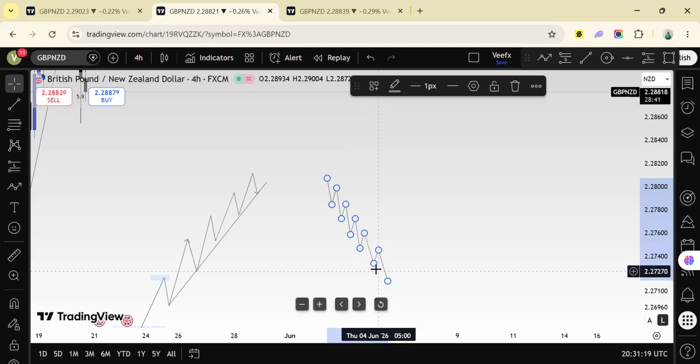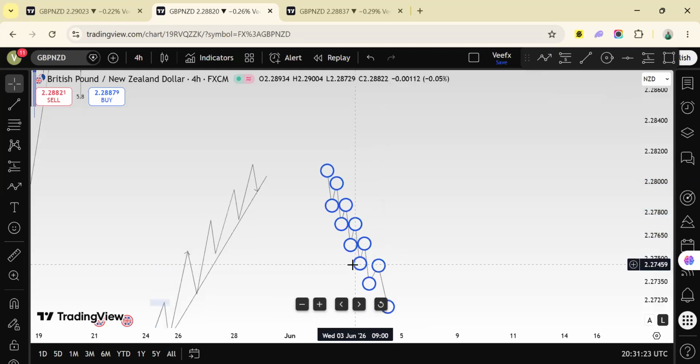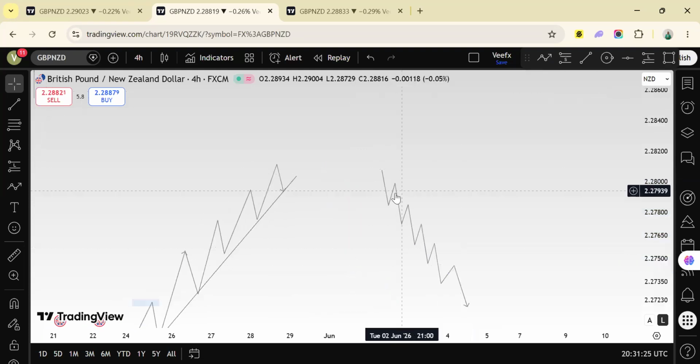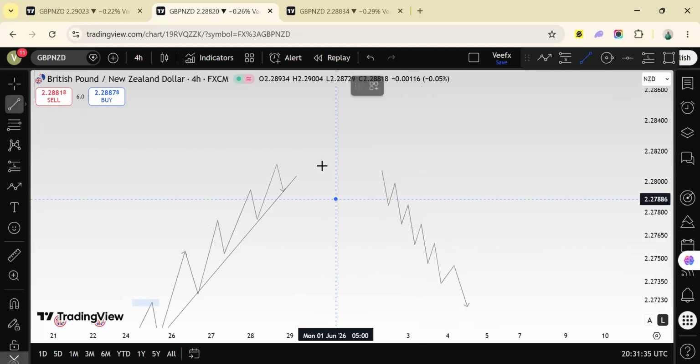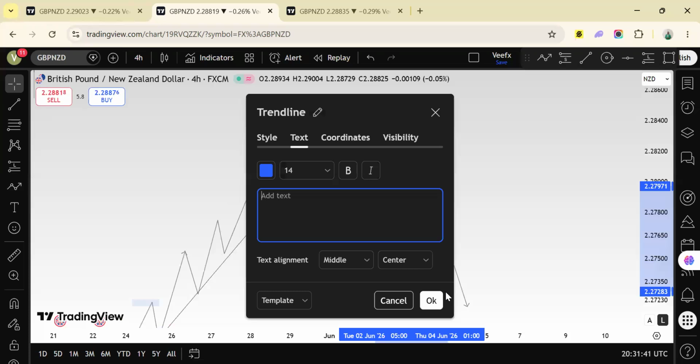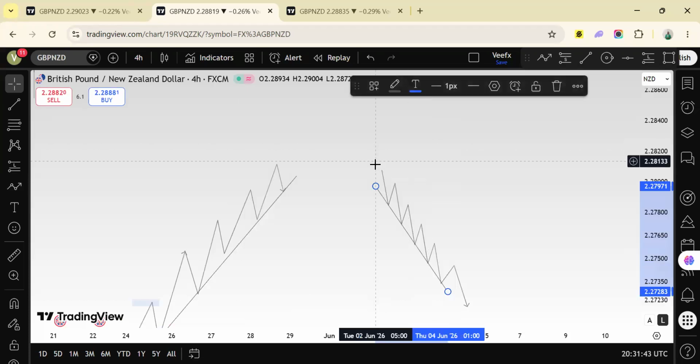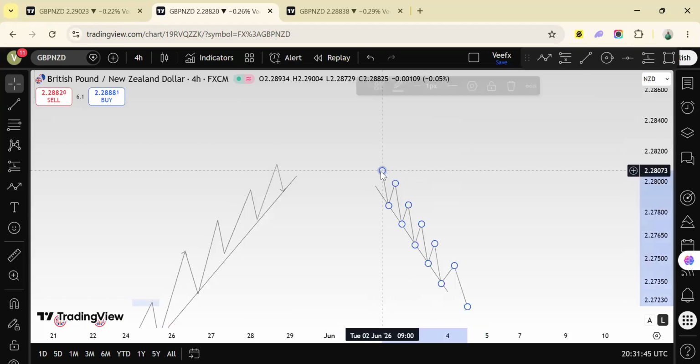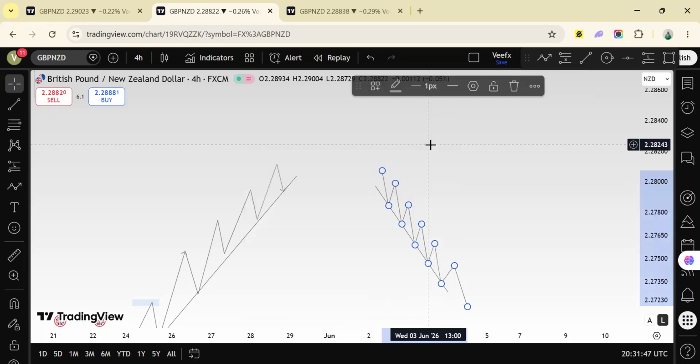So that is how a downtrend makes its own pattern, right? It must give you a series of lower lows and lower highs. It must give you a new lower low and a new lower high, a new lower low, a new lower high, and it must maintain that downtrend pattern. That is how you identify a downtrend, which is the second type of way that price makes its movement, right?